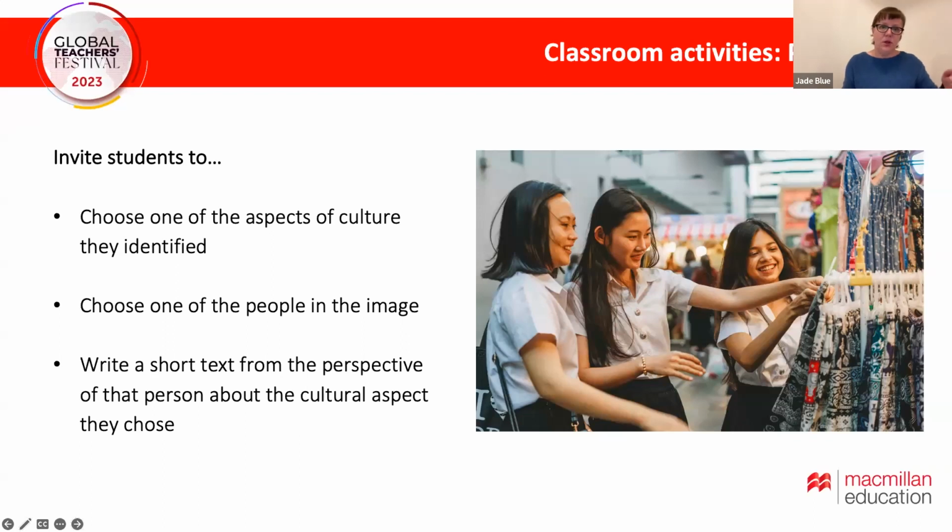So they might, for example, choose the girl in the middle talking about how she feels about shopping habits and what's important to her. And you could also invite students to write about that aspect of culture from their own perspective and to consider how this might differ from that of the person in the image.